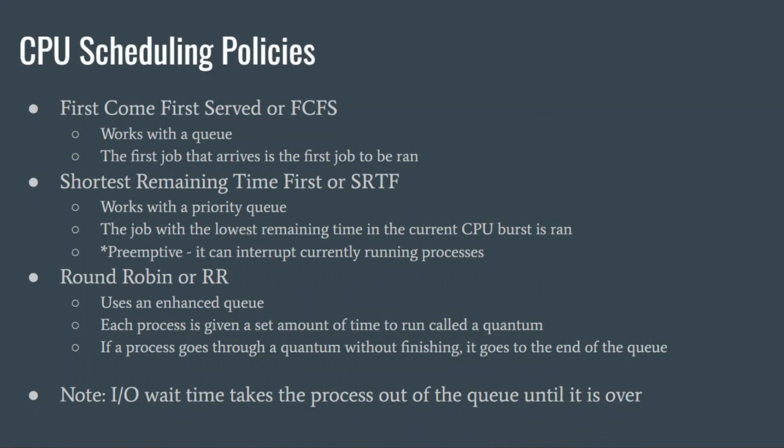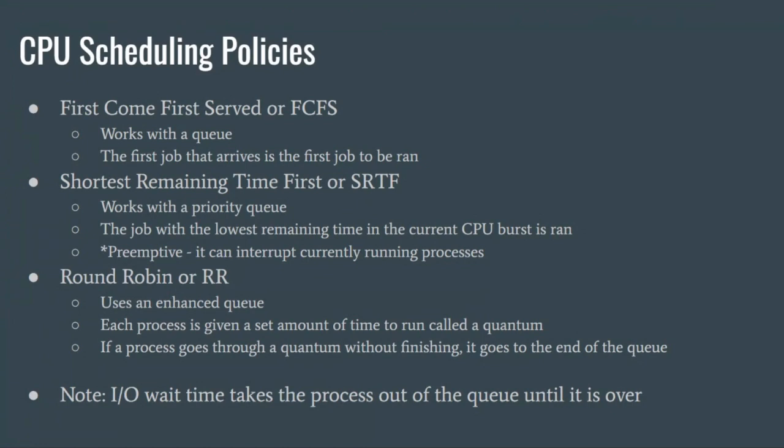So when we say current one, we're just talking about one of those CPU bursts, not all of the CPU bursts combined for one job. And this one is preemptive. So a different job, if it has a shorter remaining time, can interrupt the currently running process.